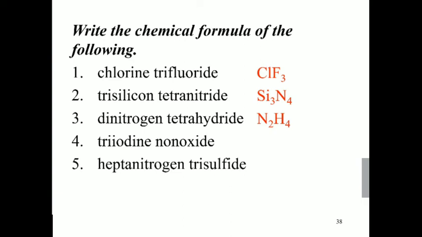Tetra again means 4, so tetrahydride is H sub 4. Triiodine is 3 iodine, I3. And monoxide from the prefix nona, meaning 9, so we have O sub 9. Hepta means 7, so N 7, heptanitrogen, trisulfide, 3 sulfur. So that's how we name binary molecular compounds.